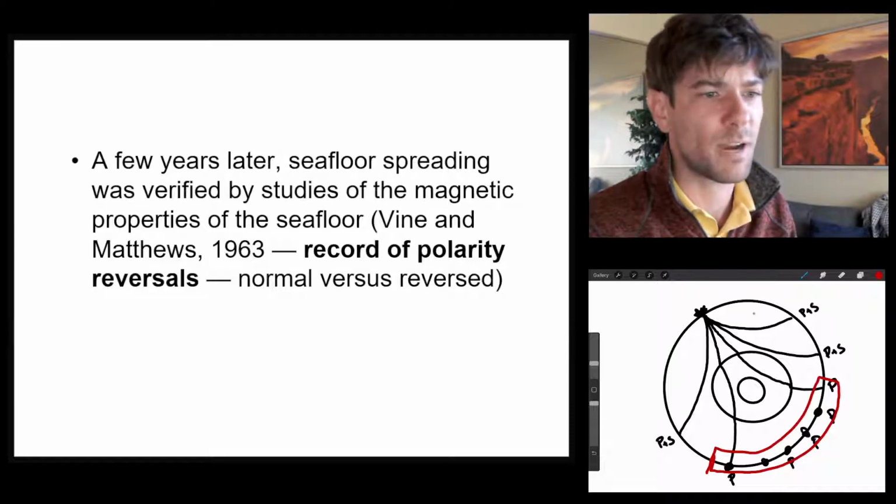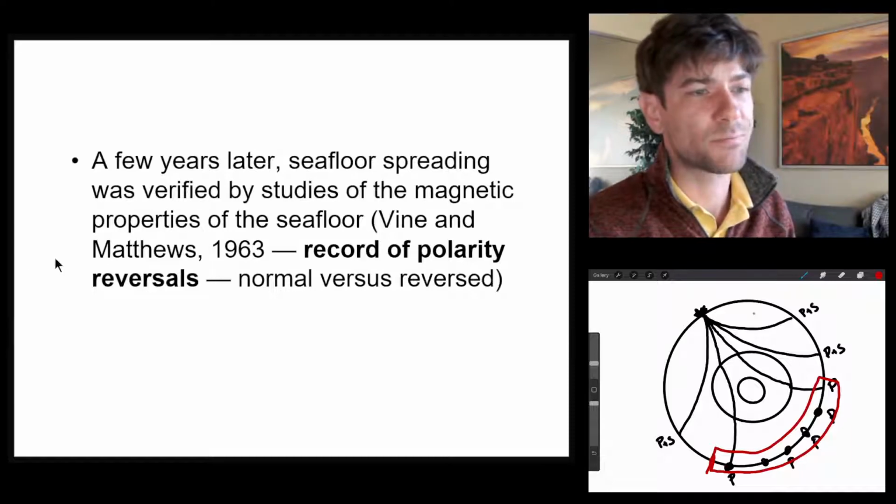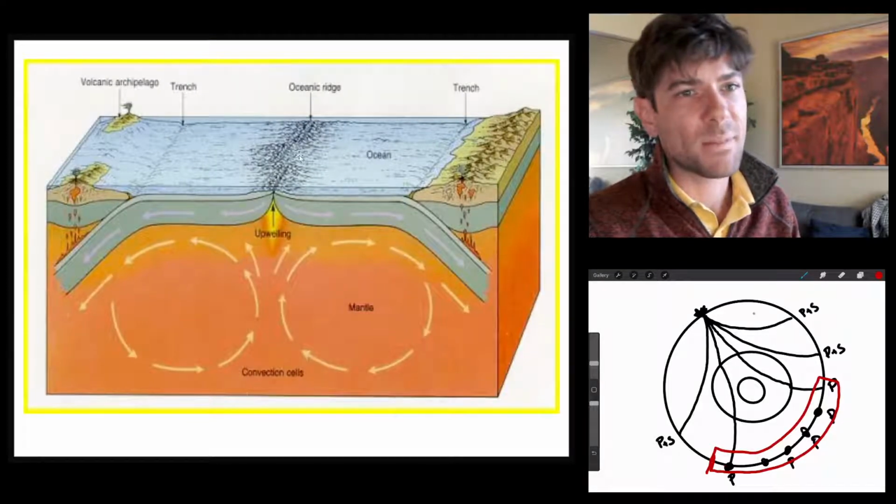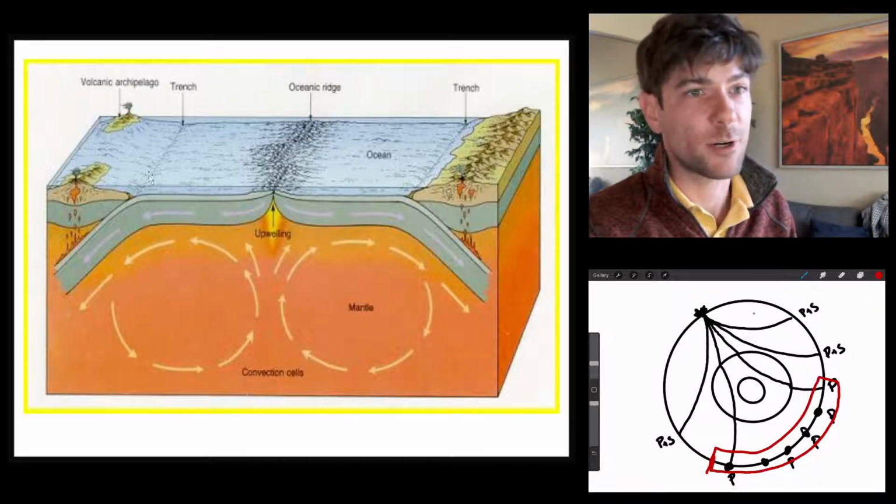And so what Vine and Matthews looked at, they said, well, if this material at the ocean ridge is fresh, it's being created all the time, and material is being consumed or destroyed at these trenches, well, then as we move away from the ocean ridge in either direction, the material gets older.